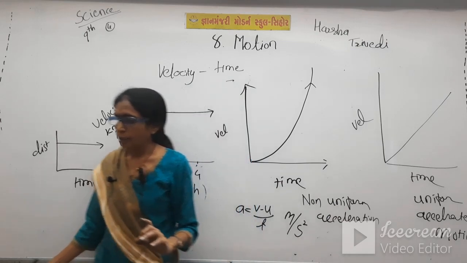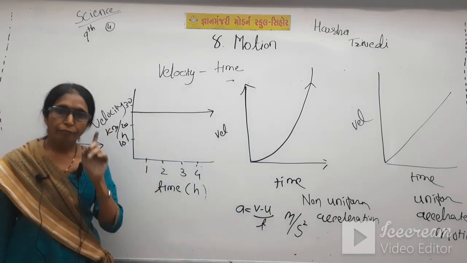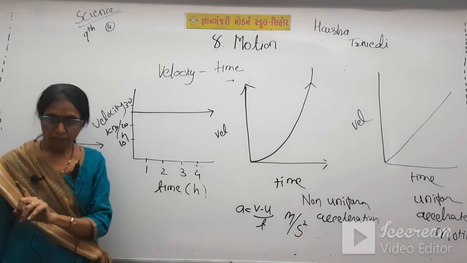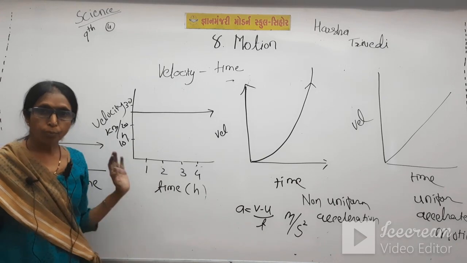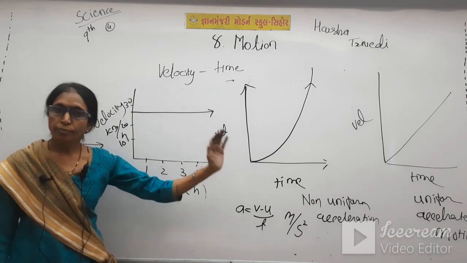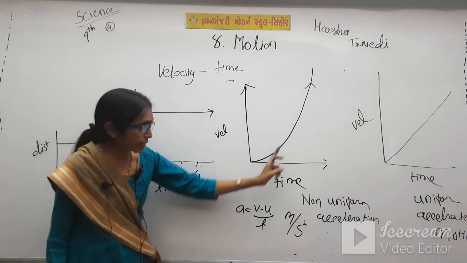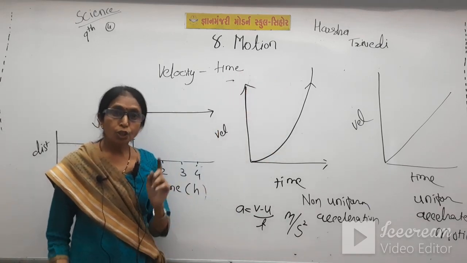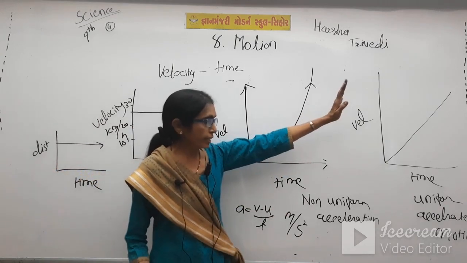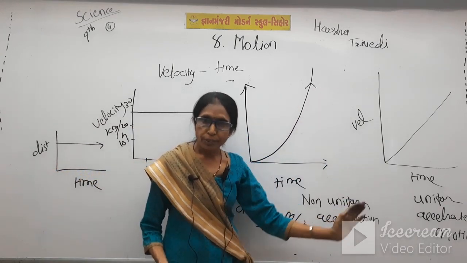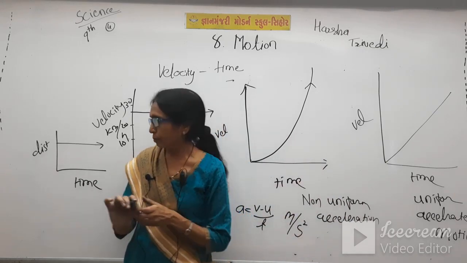See here, there are 4 situations in the velocity time graph. First, if it is a straight line parallel to the time axis, we can say that the object is moving with uniform speed. It is non-accelerated motion. If it is a rising straight line, the object is moving with accelerated motion.